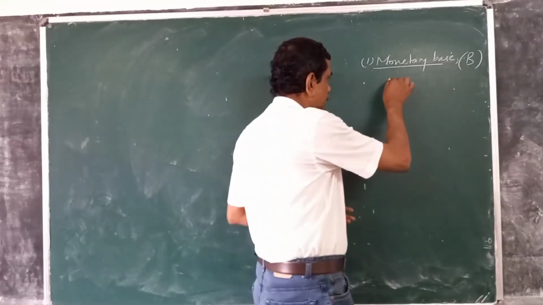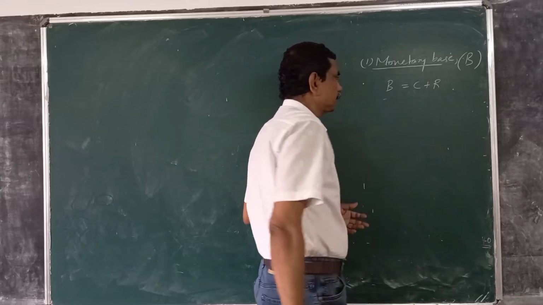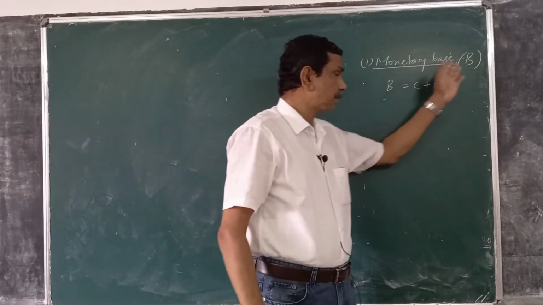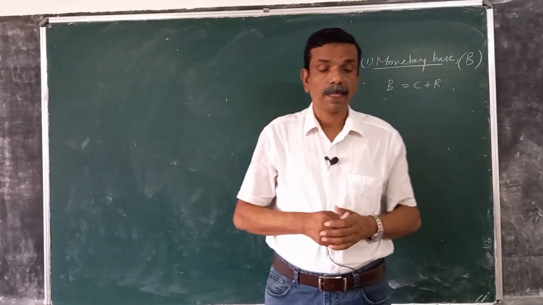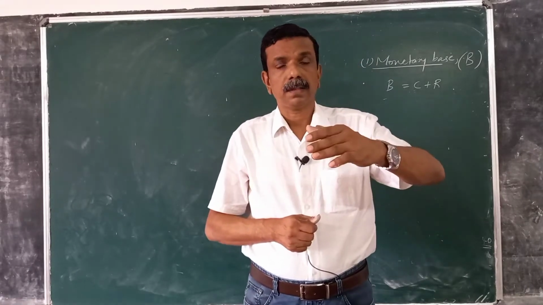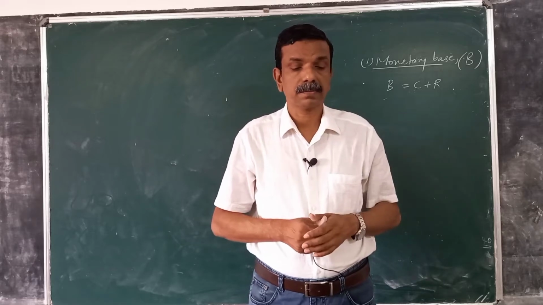So B is equal to currency plus reserves. B, the monetary base, consists of currency held by the public and currency held by the banks as reserves.